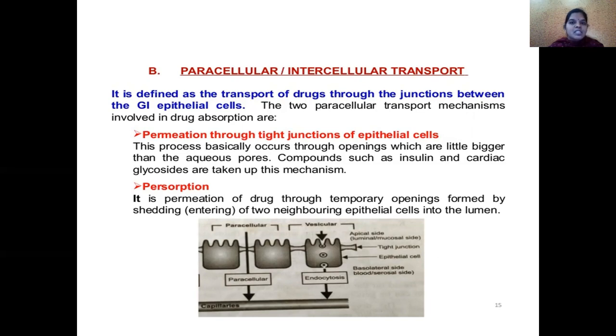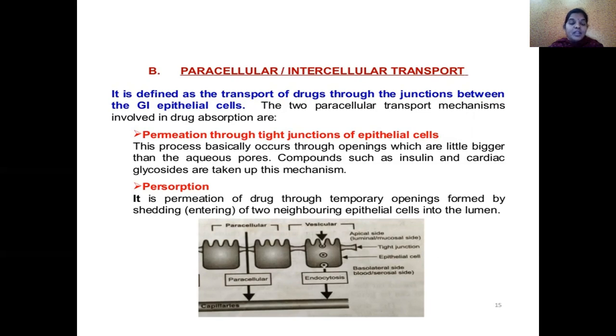Next, come to paracellular or intercellular transport. What do you mean by intercellular? The transport is occurring between the cells.